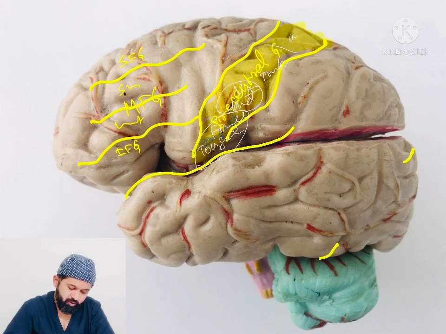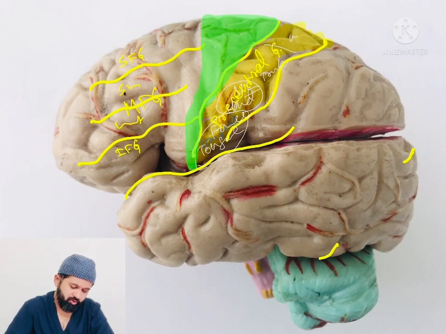Now, we saw that the area between the precentral sulcus and the central sulcus is the primary motor area. So in front of the precentral sulcus, we have the premotor area. This area is much wider in the upper or medial part, and it is narrower in the lower part.